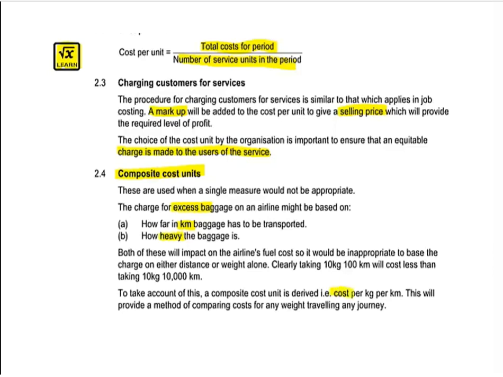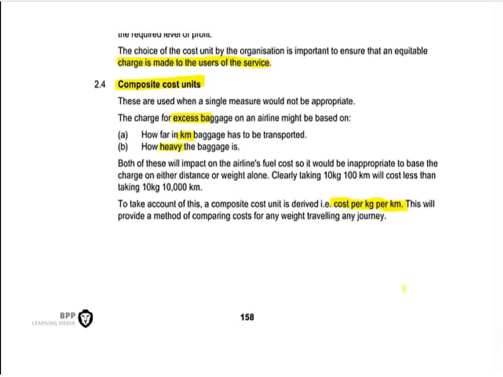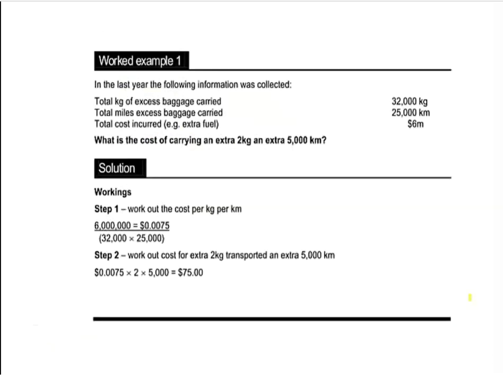So we'll end up working out a cost per kilogram per kilometre, and that will be used then for charging for excess baggage. I'm sure, as we know, they will then add a profit to that to come up with the charge they deliver to customers.